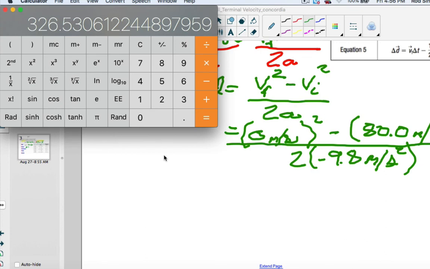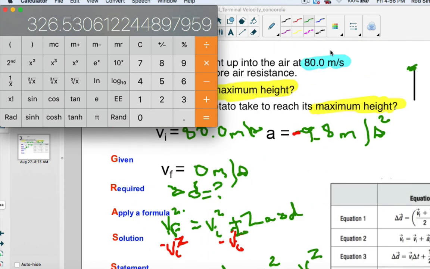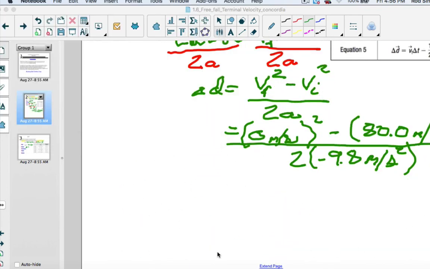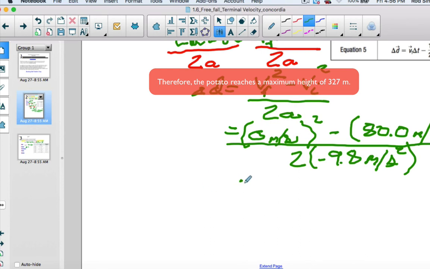And remember, if we look at our initial question, we had 80.0 meters per second, so the number of significant digits is going to be 3. So we can write 327 meters.